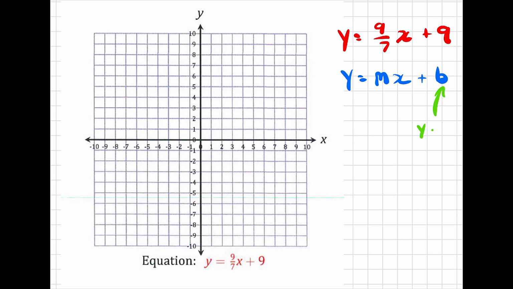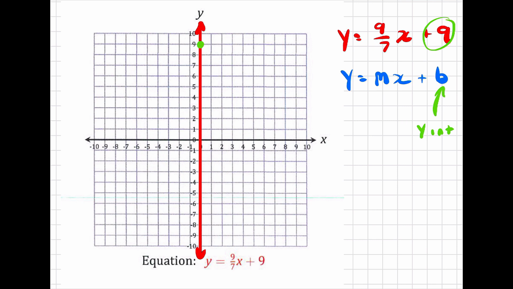It is the y-intercept. That means that is where it crosses over and intersects with the y-axis. So it tells us right here that it's crossing there at 9. So right here, there's going to be a point.